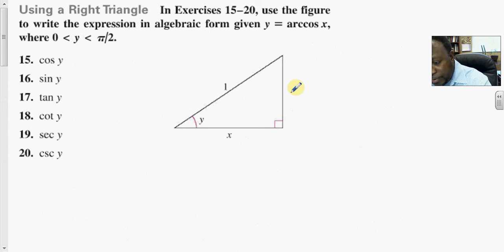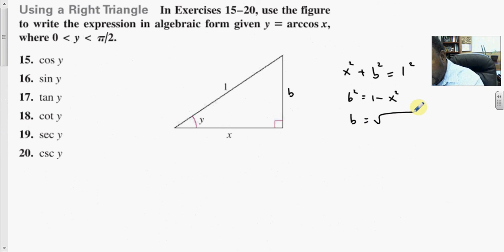Say, for example, if this side here is equal to b, so what we have there is x squared plus b squared using Pythagoras is equal to 1 squared. So b squared is 1 minus x squared, and b comes out to be just the square root of 1 minus x squared.